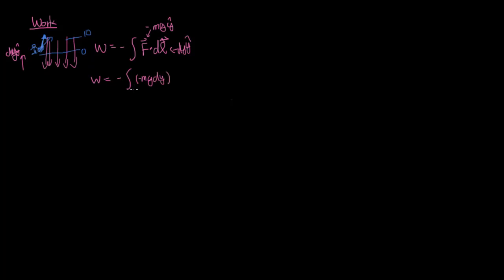And you're integrating from 0 to 10, which gives you, the two negatives cancel out, so you're left with mg y evaluated at 0 to 10, which is 10 mg. So you end up with the potential energy formula, where the potential energy stored is mgh. In this case, h is 10. So that basically is what we want to cover.